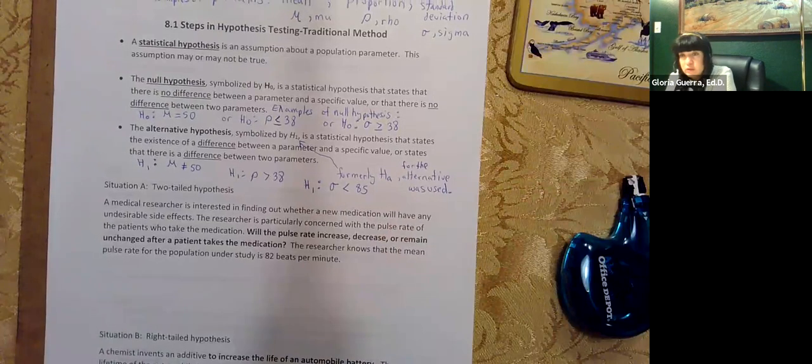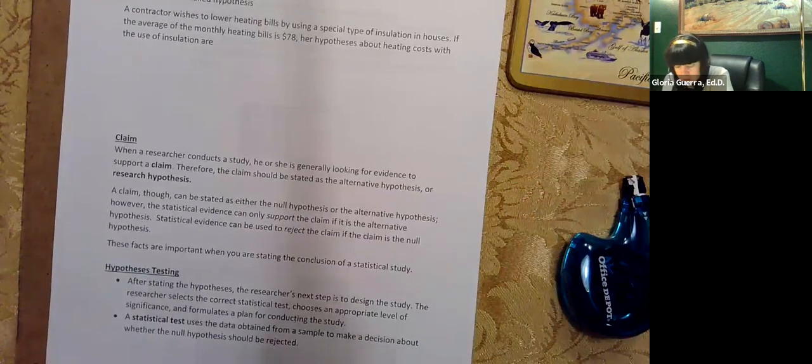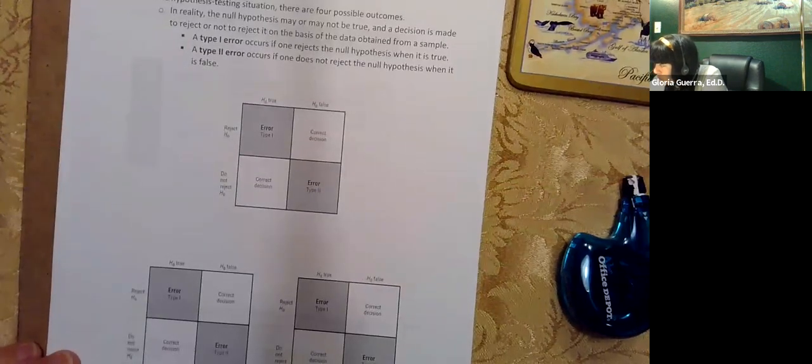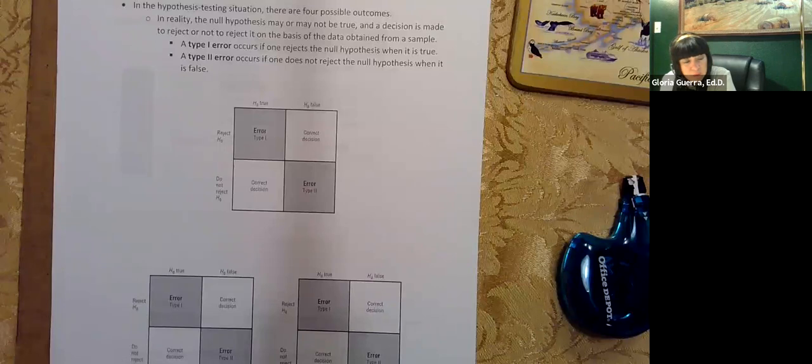Okay, so read through the other materials, and then what I have highlighted is starting on page 171, where it talks about the definitions for type 1 error and type 2 error.